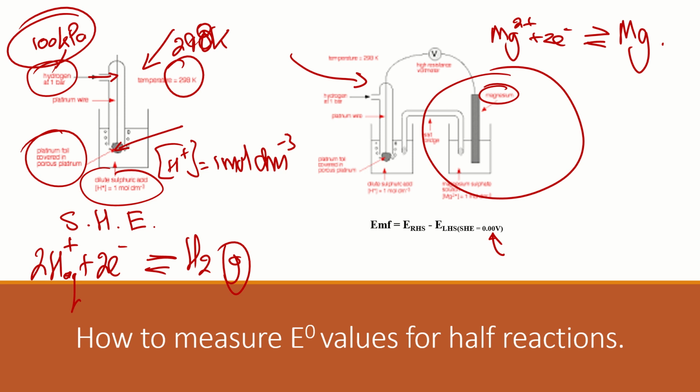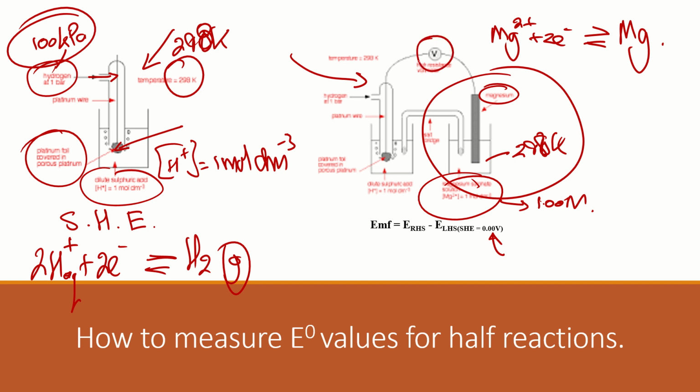Okay, but anyway, let's have a look at the magnesium half cell. We can see again, if just about, the magnesium ions are in solution here, and they are in solution at again a concentration of 1 mole per decimeter cubed. The temperature in here, or in the whole thing, not just in here, will be 298 kelvins. There's no gas on this right hand side, so you don't need to worry about pressure of a gas.